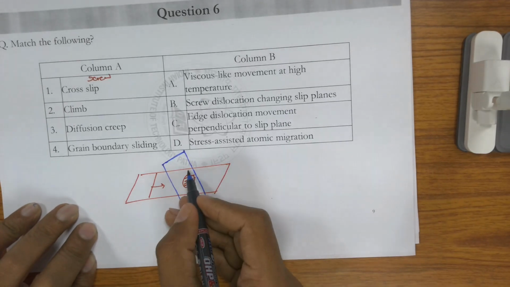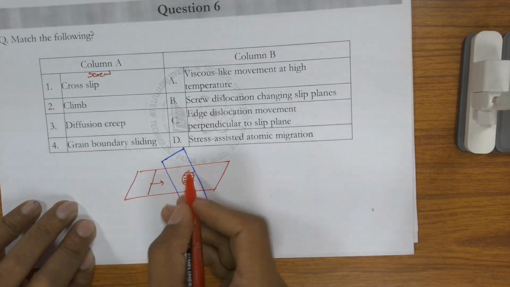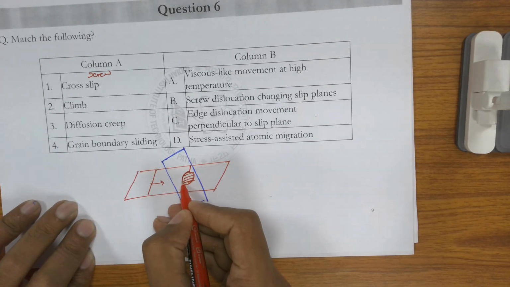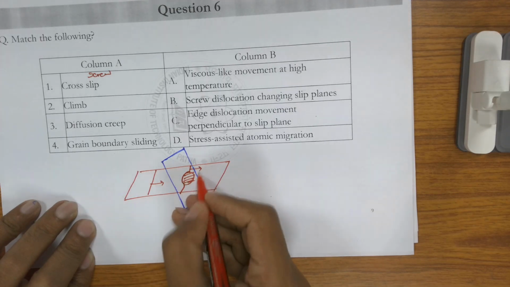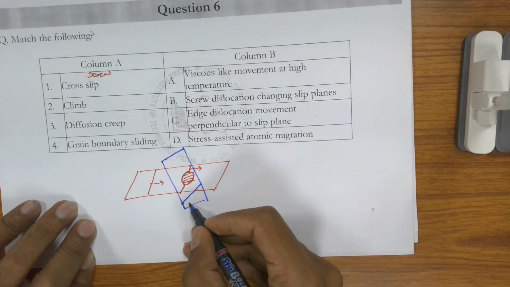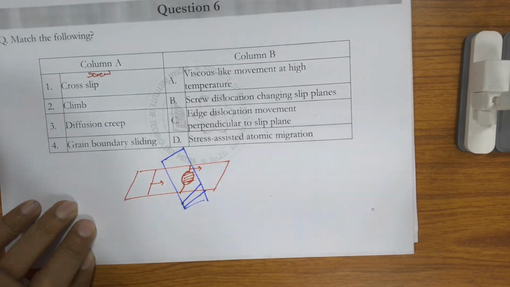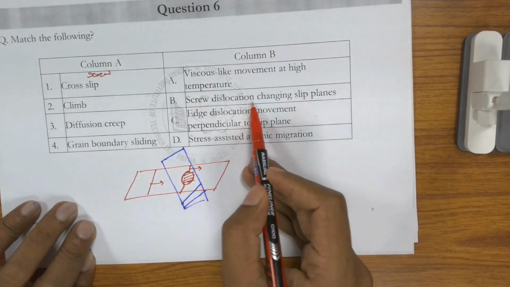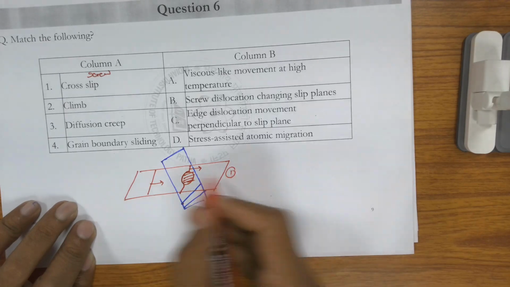So instead of going in the forward direction, now it will bend and go in the other direction. This is known as cross slip, the screw dislocation changing the slip plane 1 to slip plane 2.